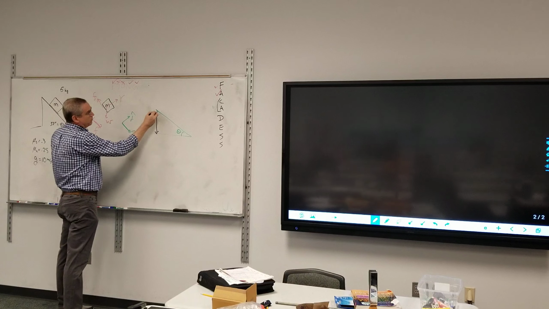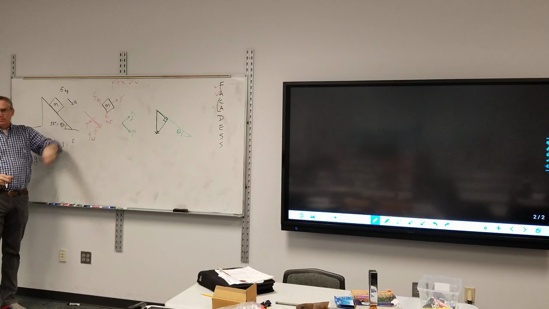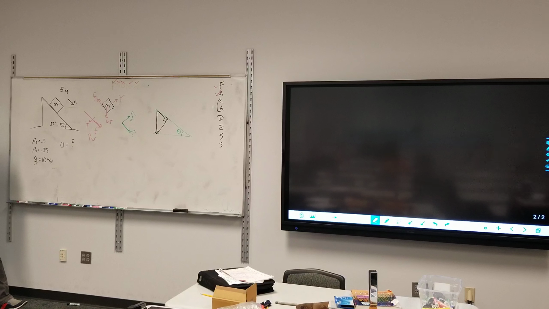I know one of my axes is down the ramp, one of my axes is into the ramp. So basically I'm creating a right triangle with my hypotenuse being that which I want to break up. Now, if we had chosen vertical and horizontal as our axes, we would have been breaking up two vectors here. Plus there's additional math later on.